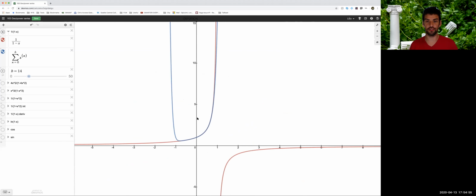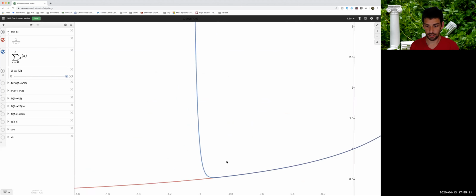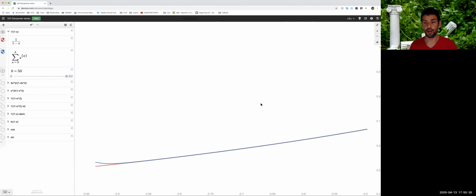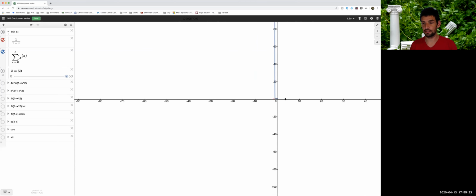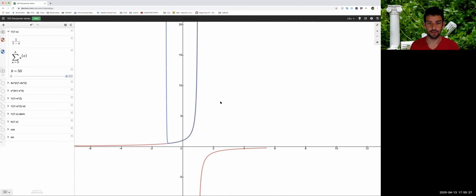At least over this domain of -1 to 1, we're getting a graph that's becoming closer and closer to this function, right? Of course, it still doesn't match perfectly. We can see it bending away as we get close to -1 here, right? This is because 50 terms is not very close to an infinite number of terms.